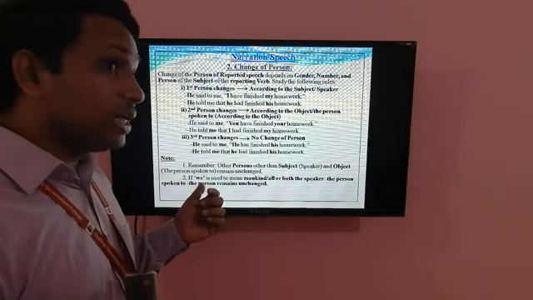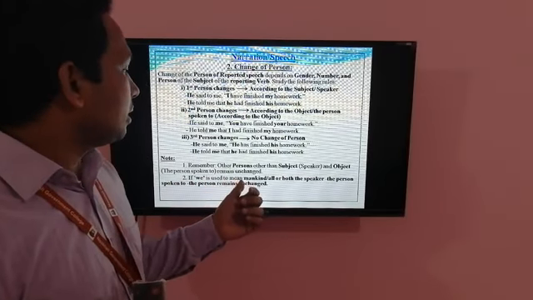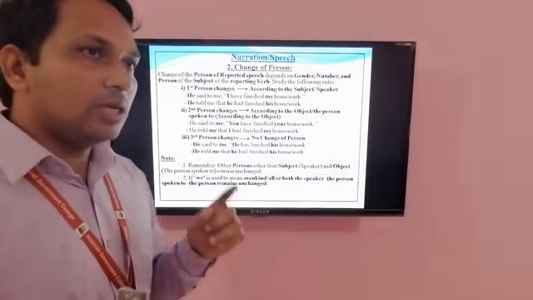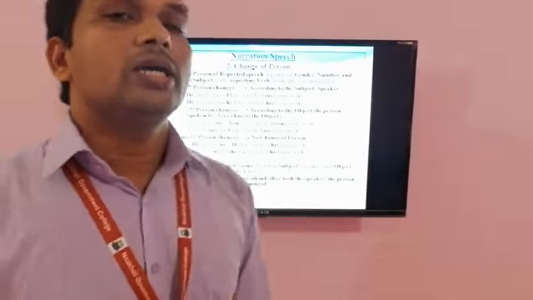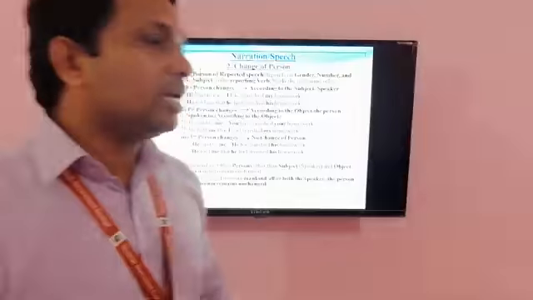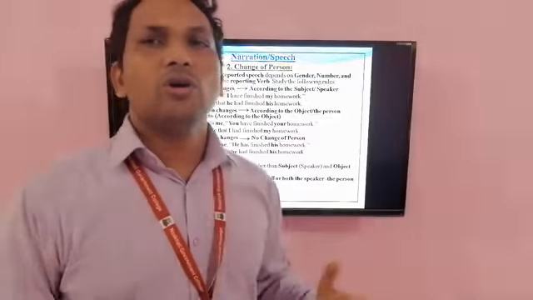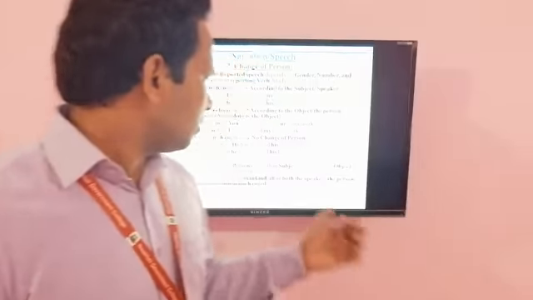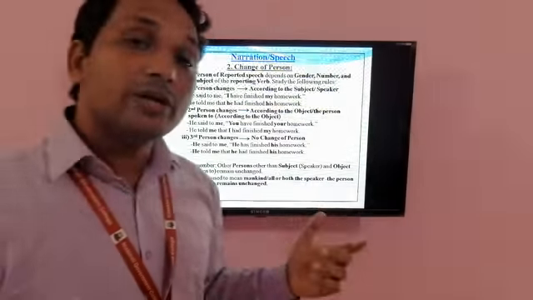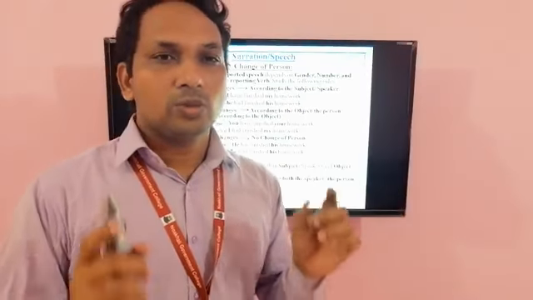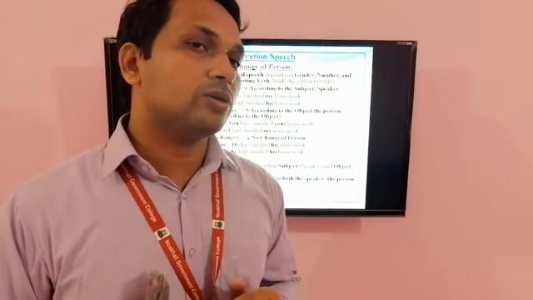Number 2, if "we" is used to mean mankind, that means if the pronoun "we" is used to mean the whole mankind or all, everyone, or both the speaker and the listener, then you need not change that "we". Remember this point also.